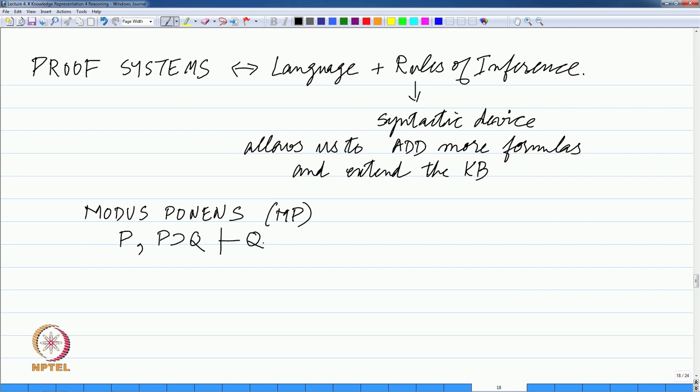This is a rule. It is not really concerned with truth values. It simply says that if you can plug in something into p and that same thing into a formula called p implies q, then you can infer or add q. We have been used to writing this also as p implies q and p, therefore q. It is the same thing, just a different notation for writing these formulas.